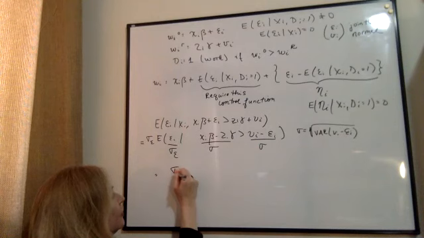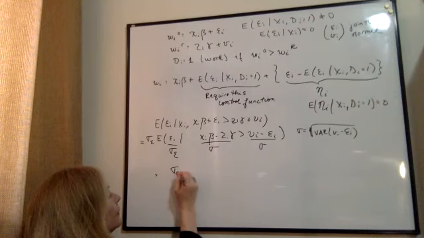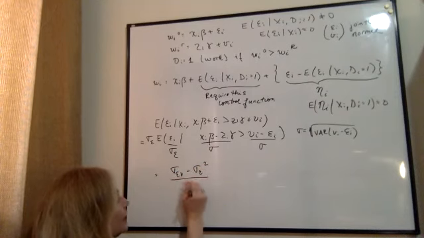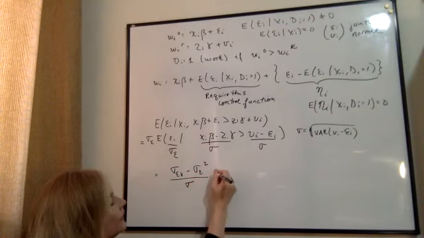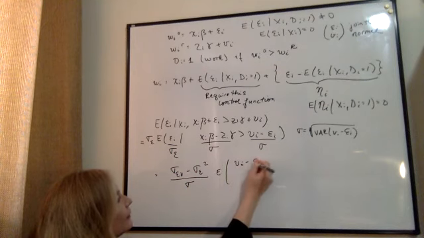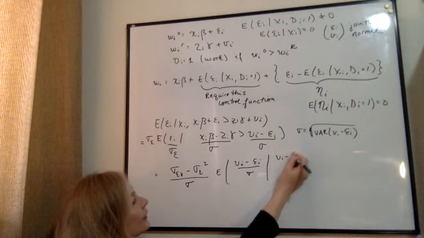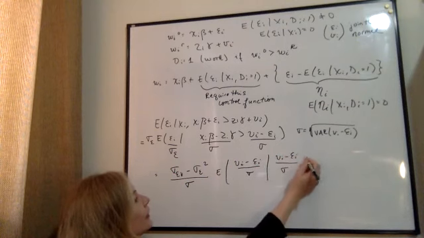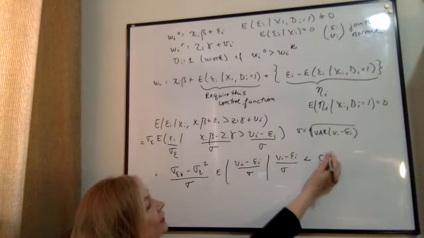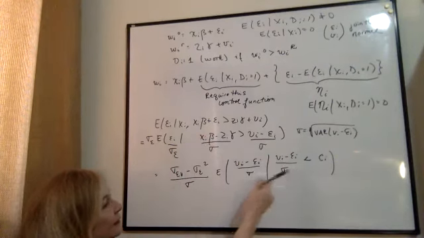So it's sigma epsilon v minus sigma epsilon squared, divided by sigma, which is this sigma here, times E of vi minus epsilon i over sigma, given this truncation. Vi minus epsilon i over sigma is less than, that's like the ci that we had before. We can call this ci. This is the truncation.